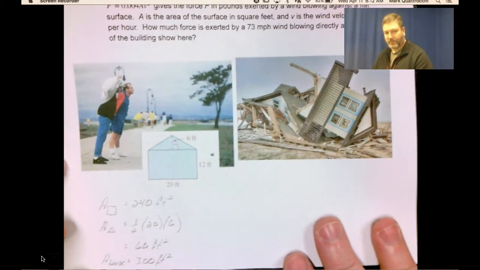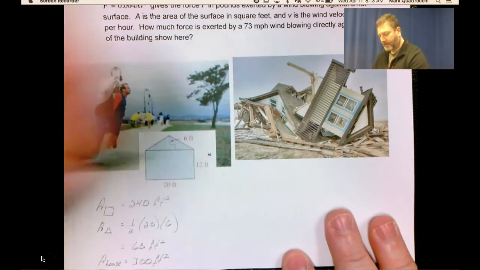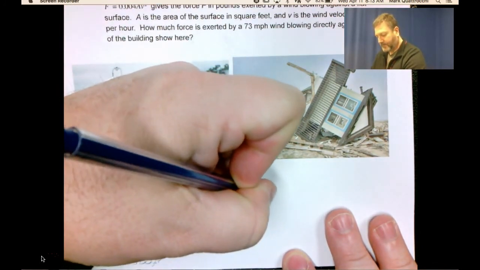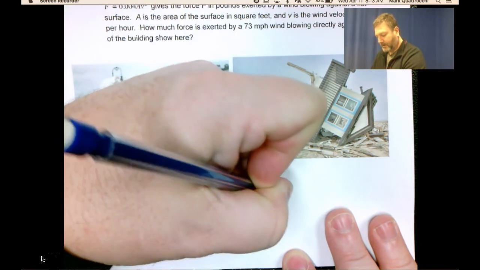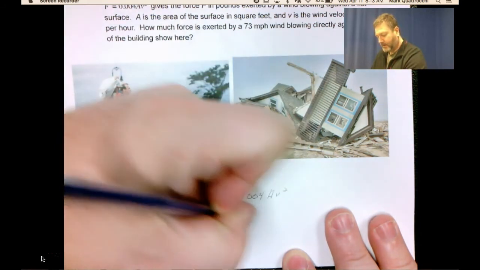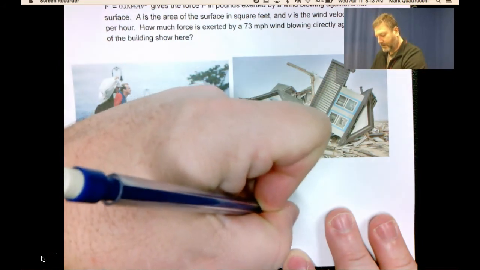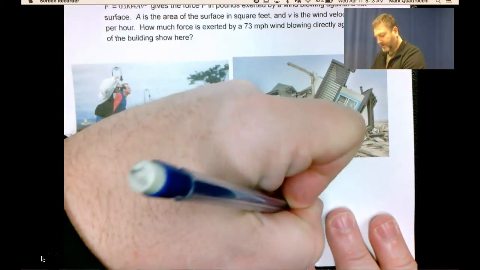And we're going to plug that into our force formula. So force equals 0.004 A V squared. 0.004 times 300 times 73 squared.